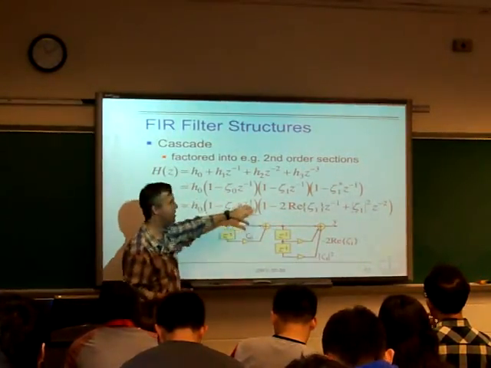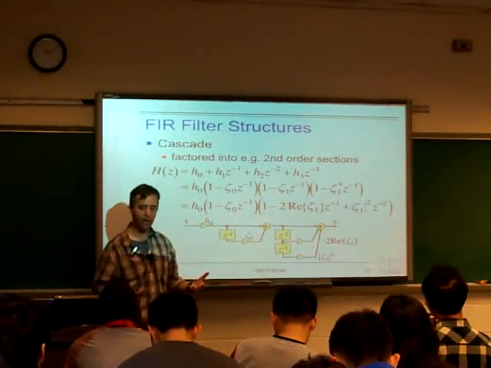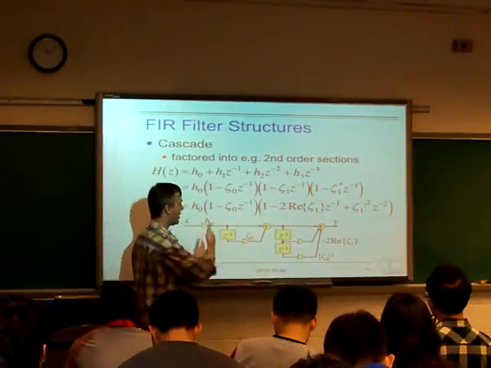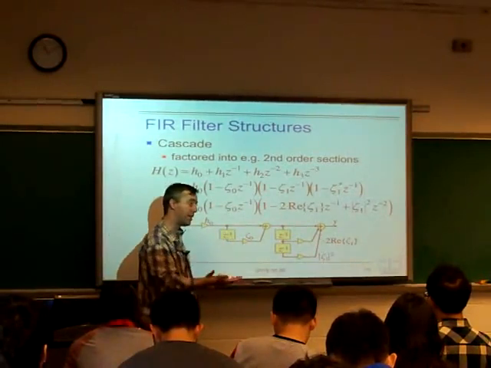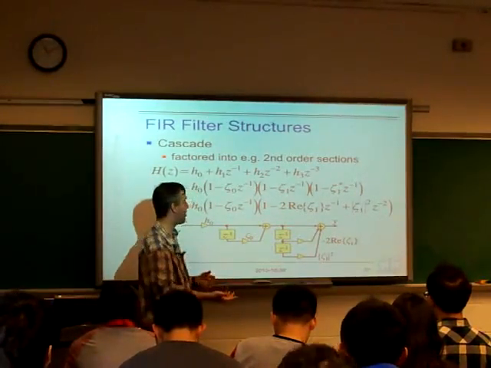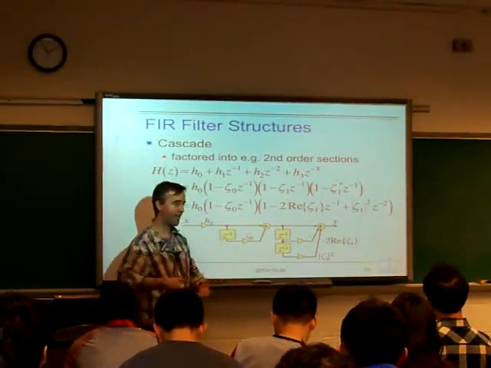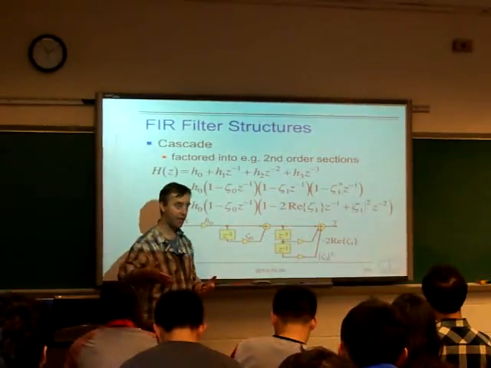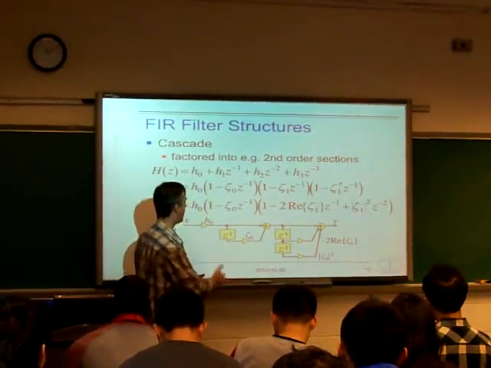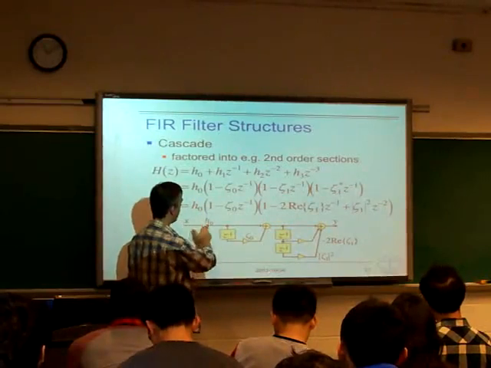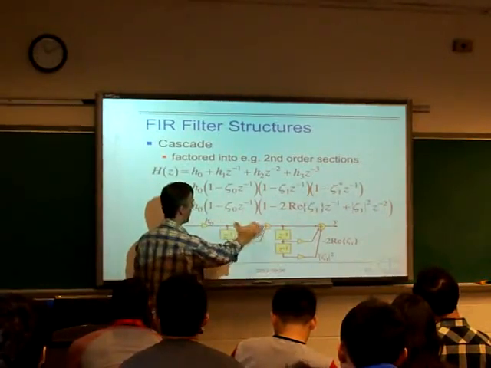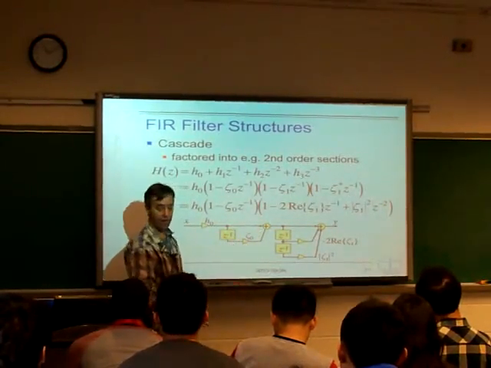But this factorization, the product of a set of terms in the Z transform, is the same as saying, if we're multiplying the Z transform, that means we're convolving in the time domain. And if we're convolving things successively, it just means putting it through a sequence of systems. So here, the H0 becomes a gain of H0. The first zero becomes a single first-order term like this.